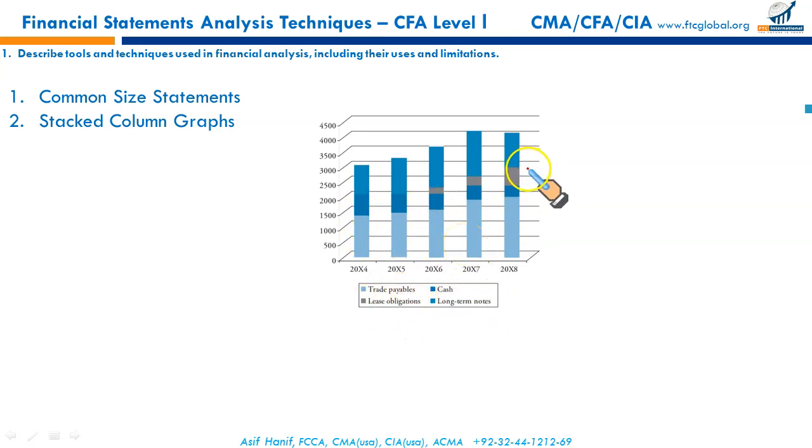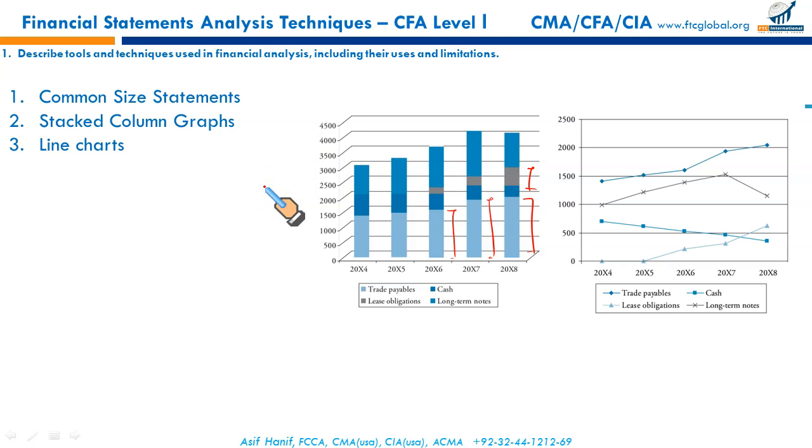So you can see the proportional size of these charts, which can help us have an idea how they are composed over the period from 2004 to the next 8. Then we can use line charts as well, indicating the downward or upward trend on these different elements of the financial statements. Ratios, that's what we'll be discussing today.